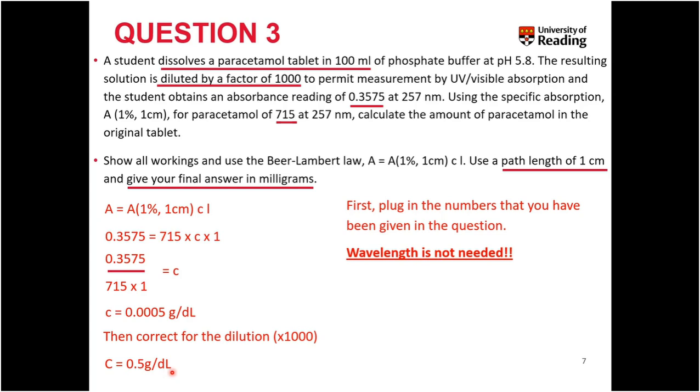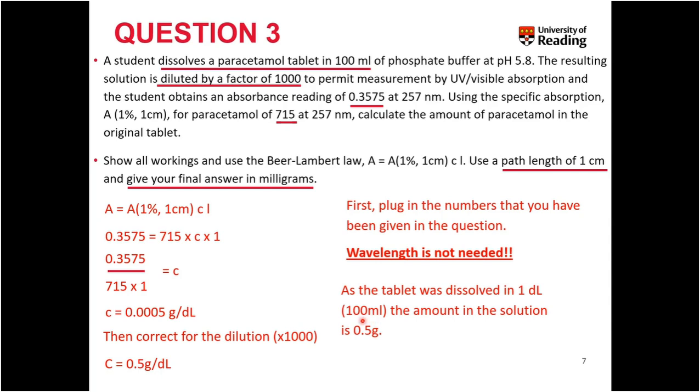However, this is not the amount that is in the original tablet. We need to convert this into a mass, and we can do this by looking at how much solution we originally had. So the tablet was originally dissolved in 1 deciliter or 100 ml of solution.